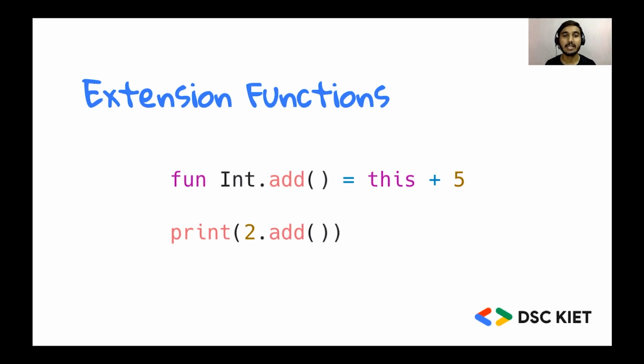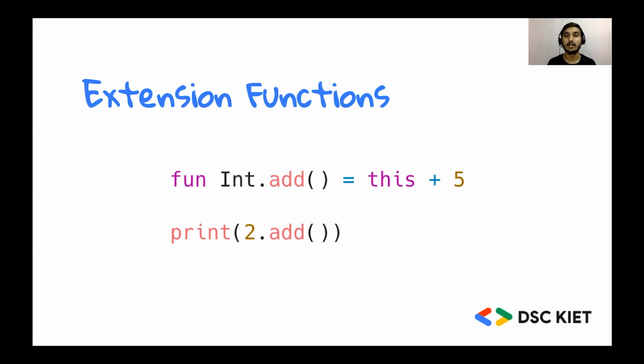So here I was saying that we have an extension function. Here I'll explain that fun is a short term for function. So we are using an integer, so Int.add. What this says is this function accepts an integer and performs something on it. The value derived is after the equals symbol, that is this plus 5.